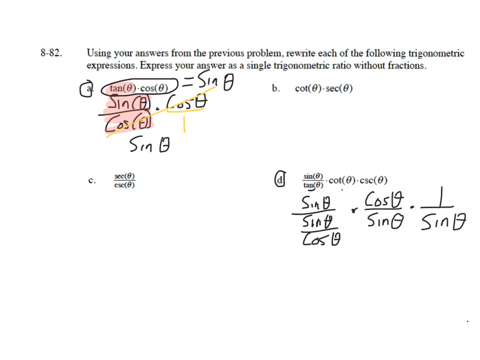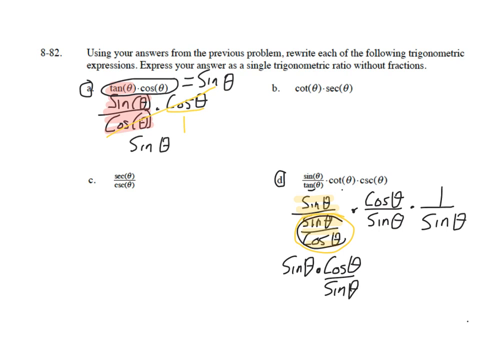Now this first fraction, I'm going to take my numerator, sine theta, and multiply by the reciprocal. So let's write down sine of theta times cosine theta over sine theta.